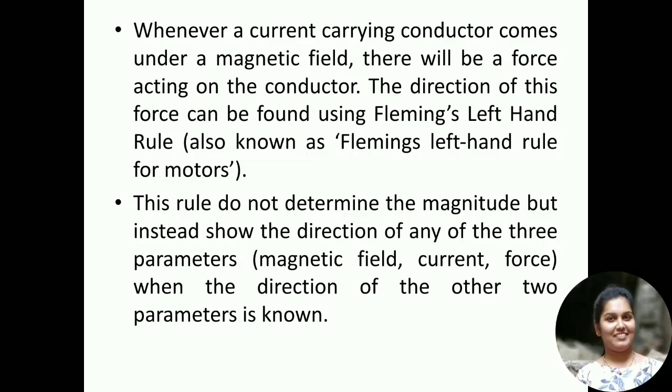This rule does not determine the magnitude, but instead shows the direction of any of these three parameters. That is, it does not measure any magnitude or give us values like in Faraday's law. It just shows in what direction the three parameters, magnetic field, current and force, are flowing.